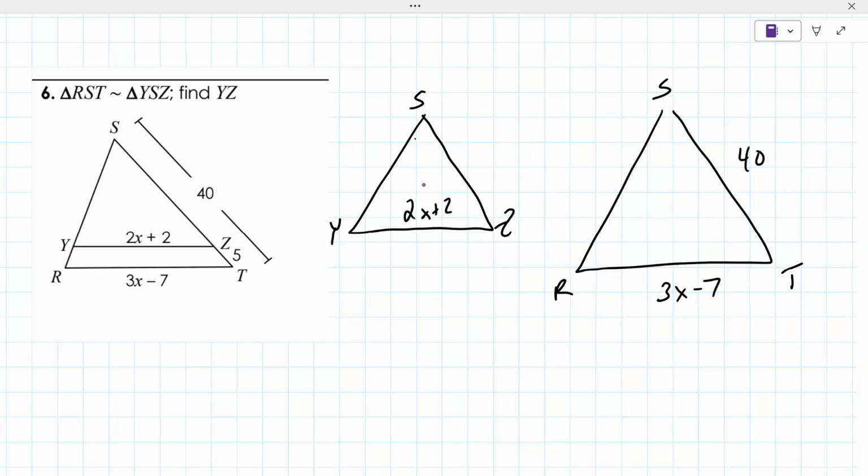The thing that maybe isn't clear is the length from S to Z. It is possible to calculate here because they're giving you the whole length S to T, and they're telling you that Z to T is 5. That makes this 35.